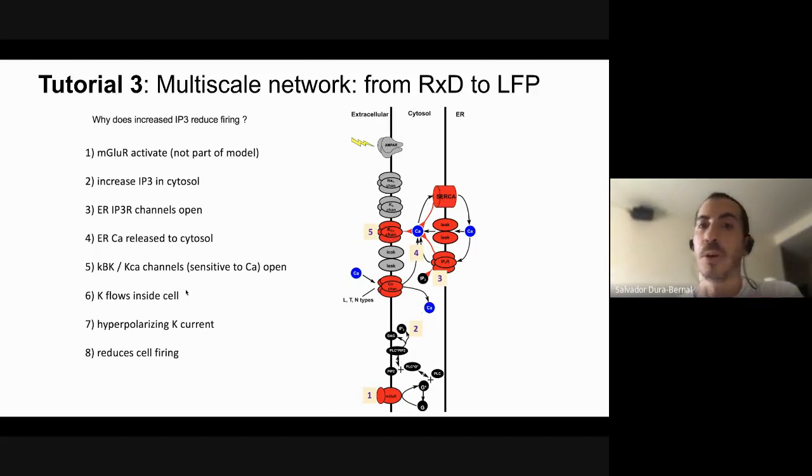So more potassium channels open means a flow of potassium, which generates a hyperpolarizing potassium current and reduces the cell firing. So overall, we go from increasing the level of IP3 inside the cell to a reduction in the firing of the cell due to this multi-step reaction diffusion cascade. Any questions?